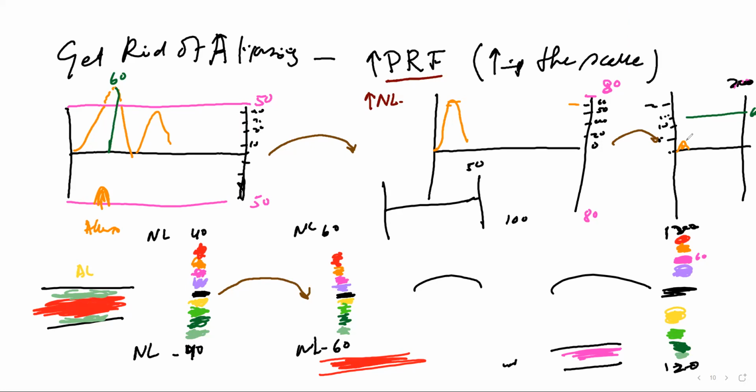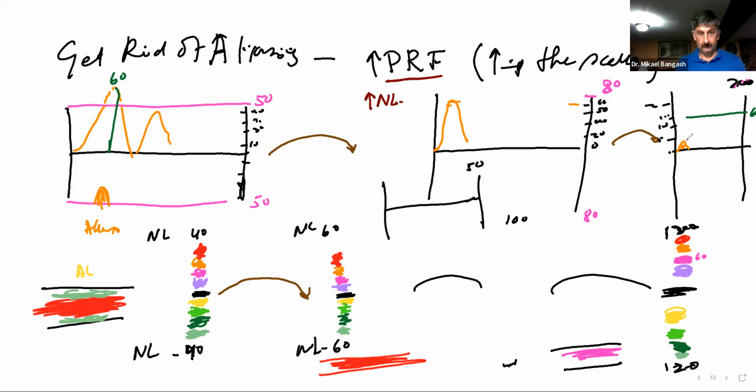Yeah. Okay. Now, if we keep on increasing our scale, 50 was just barely enough. But if we increase the scale even beyond 300, let's say we take it to 500.